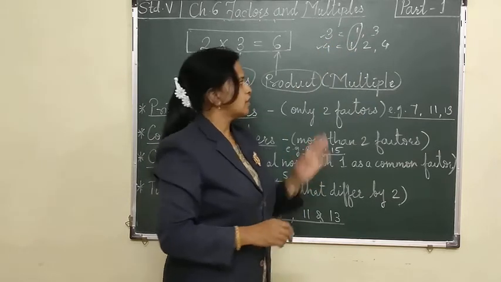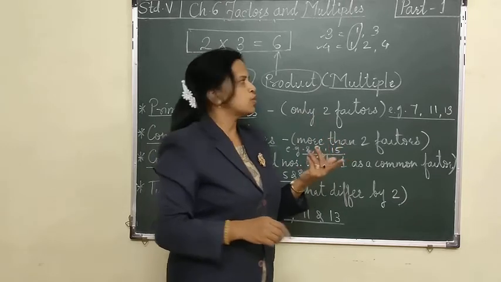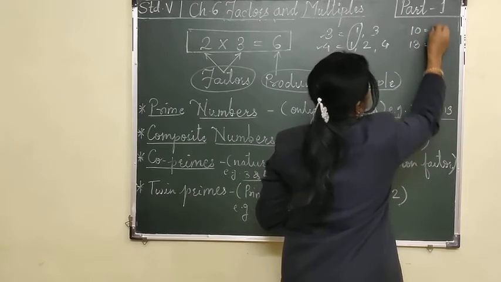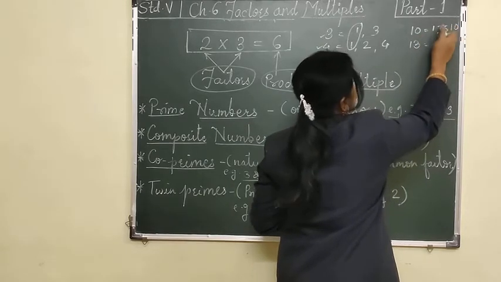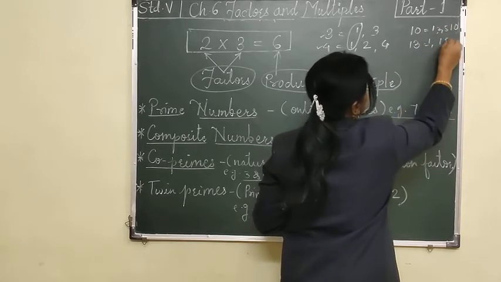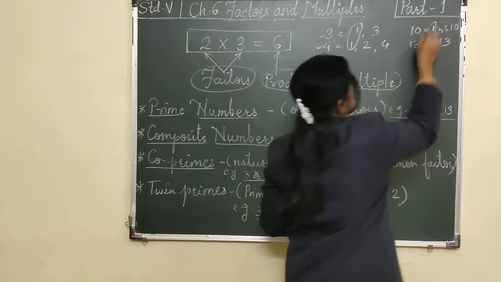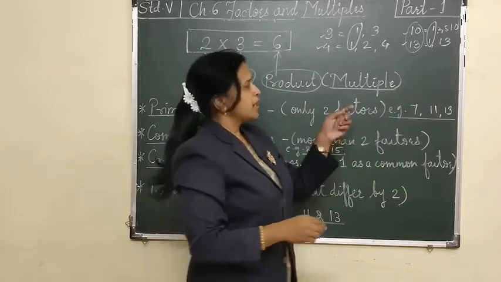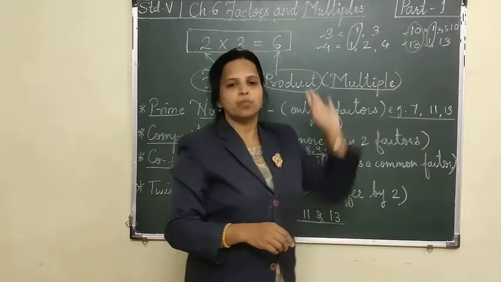You can take the example of 10 and 13 also. 10 has 1 10 is 10 and 2 5s are 10, so 1, 2, 5 and 10 are its factors, and for 13, 13 ones are 13. So they have only 1 as a common factor. So 10 and 13 is a pair of co-primes.